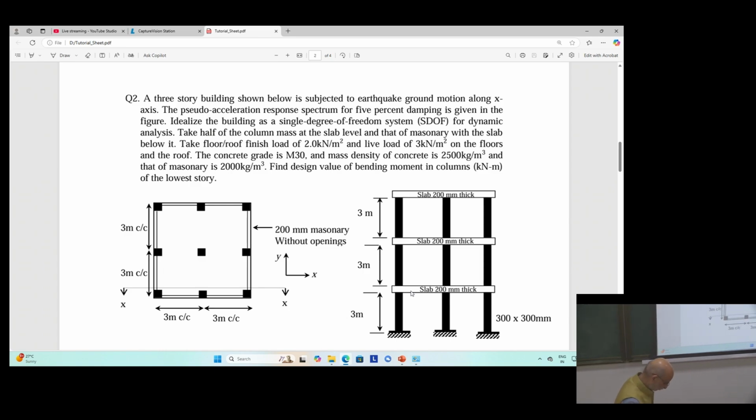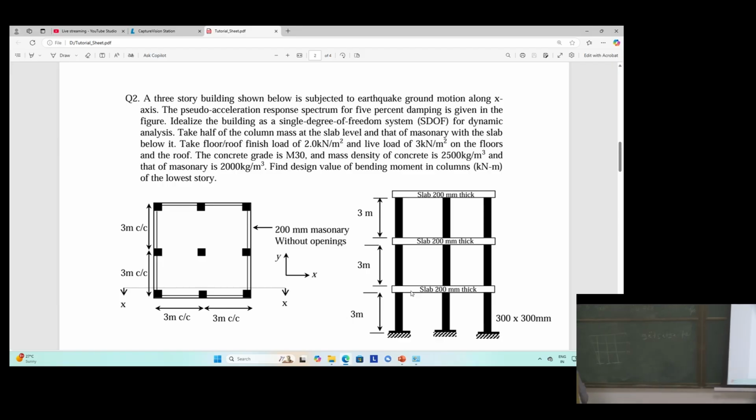I want to give a very simple way of doing this. Very clear. So what you do is, first you calculate the weight of the slab, that is the mass of the slab. So can you do it quickly? Start. So 1, 2, 3, 3 slabs, right?